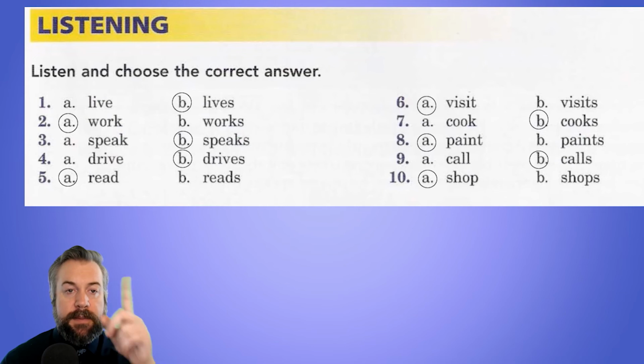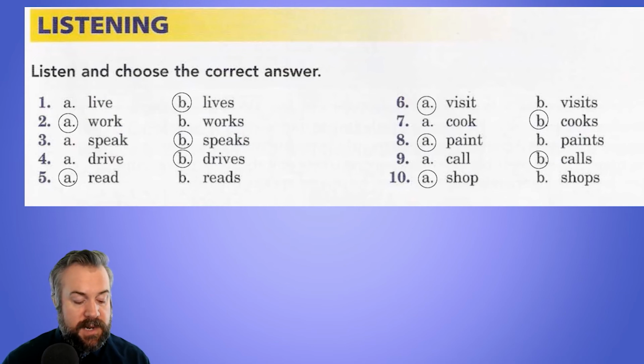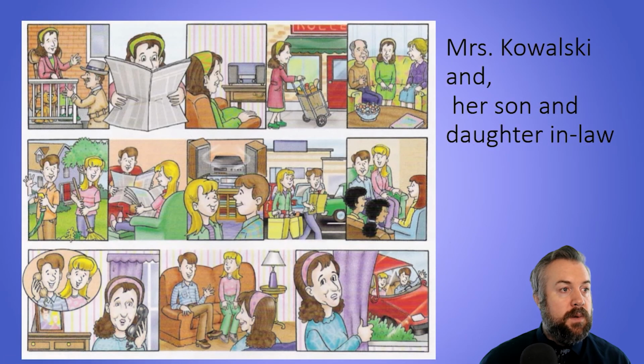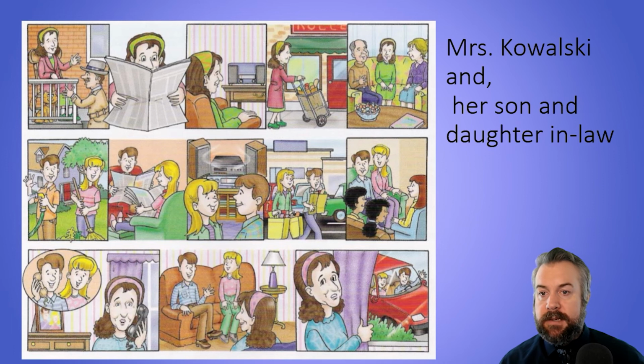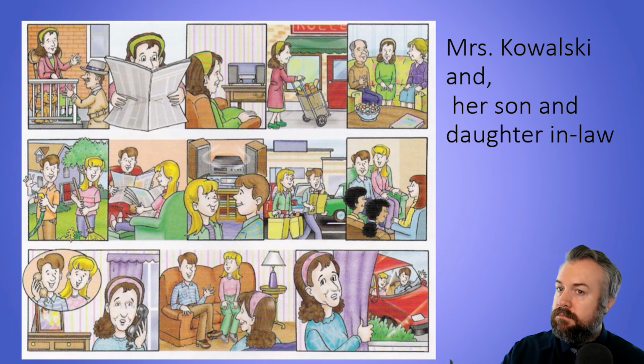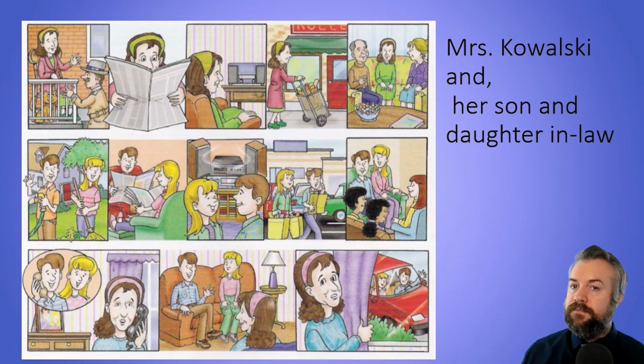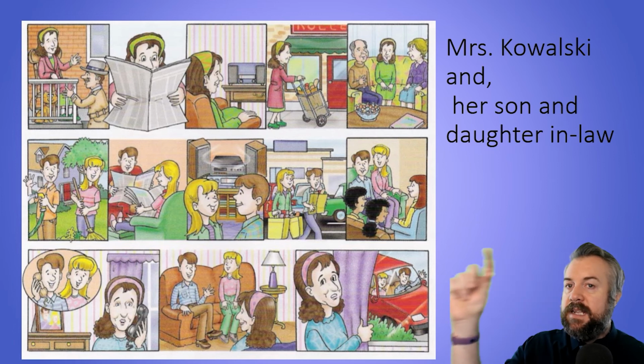So that is something to keep in mind as we move on to the next page and we tell a new story about Mrs. Kowalski. As you can see, there are 3 lines of pictures.